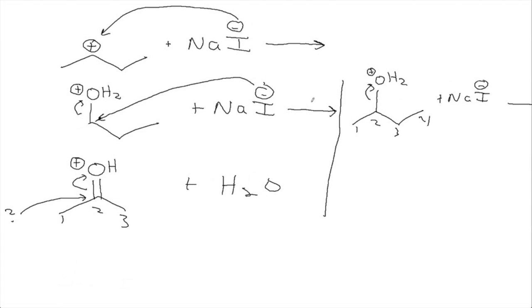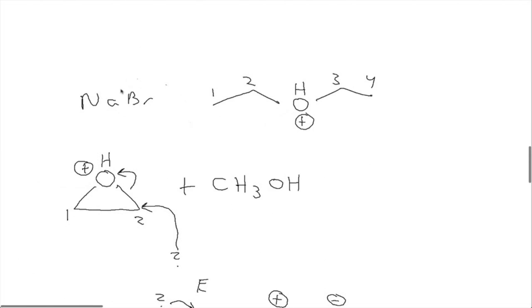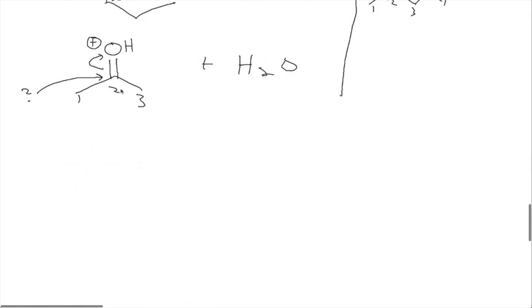Okay, so anyway, my point is, sometimes when there's a positive charge, the attached atom is the electrophile, and the atom with the positive charge is the leaving group. But sometimes when there's a positive charge, the leaving group just leaves, and the attached atom is not the electrophile until the next step. How do you know which pattern it's going to form? Well, it depends on the particular details of the particular reaction, so you'll have to learn how to tell the difference between those by studying more organic chemistry. That's something that you'll learn more about as you go on through the course.